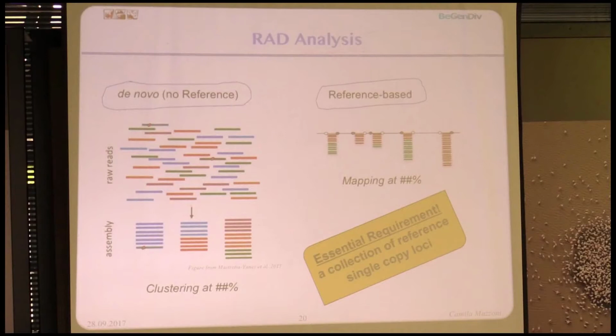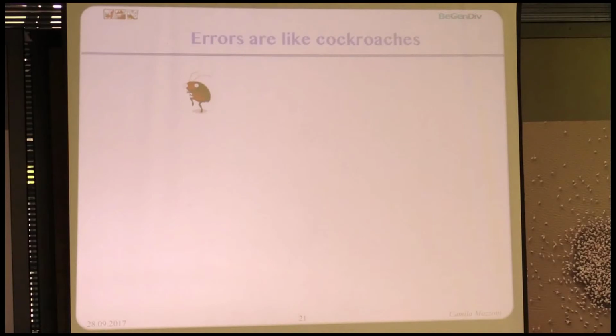You're going to have a lot of ambiguous signal there. So your first goal is, I need a reference or a collection of loci that are single copy, just present once. And yes, the problem here is that it's difficult, and there are many, many errors that you find along the way when you look very closely at your data.